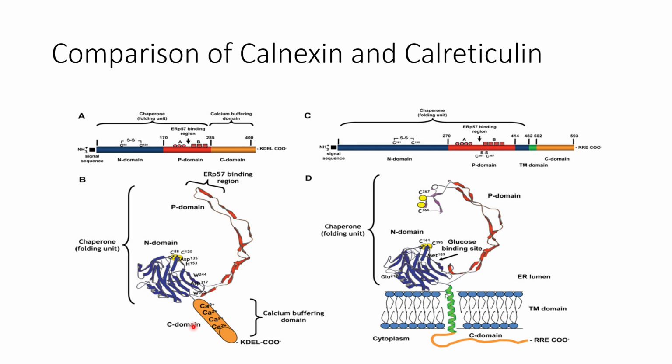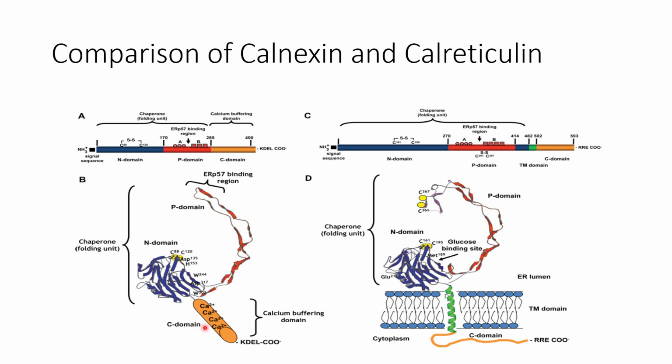Whenever there is a sudden fluctuation in the calcium requirement within the endoplasmic reticulum, that will be maintained by the calreticulin. At the same time, it also helps as a signaling protein to maintain the calcium content of the cells. We will discuss its multi-process function in some other video.